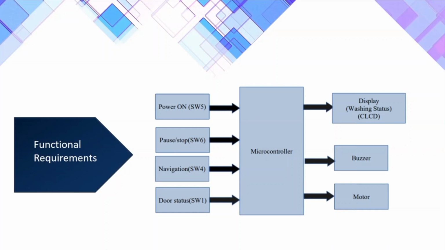To navigate these options, we are using switch number 4. Switch number 1 is used for door status. Whether the door is closed or open goes on the CLCD display with switch number 1.